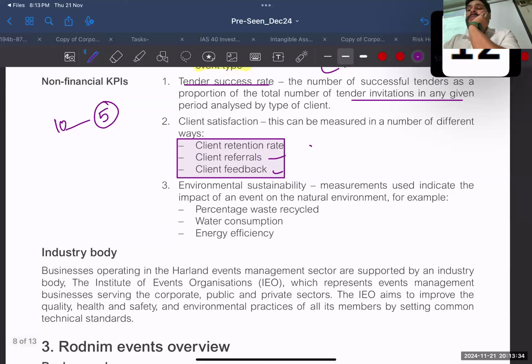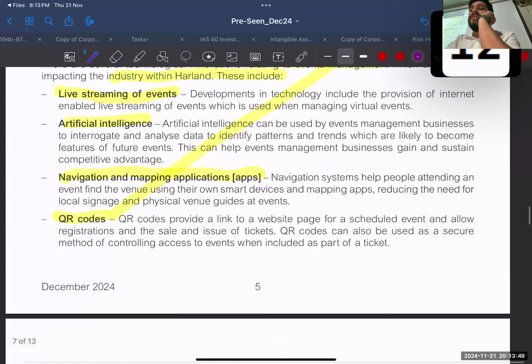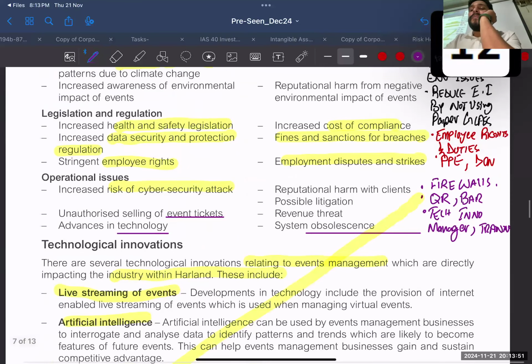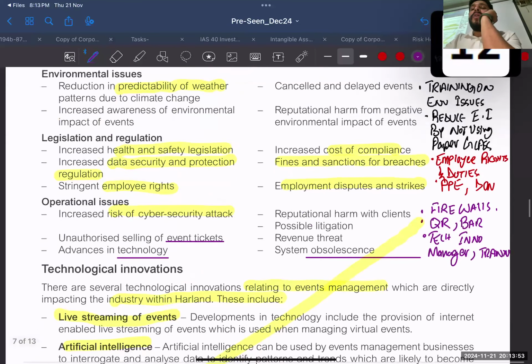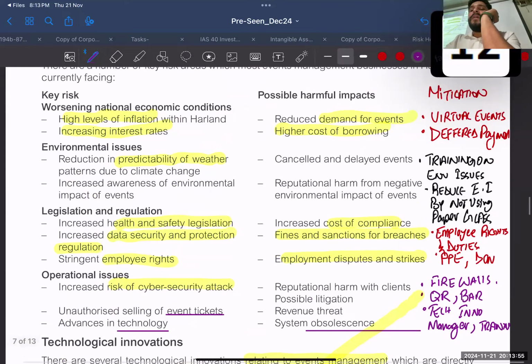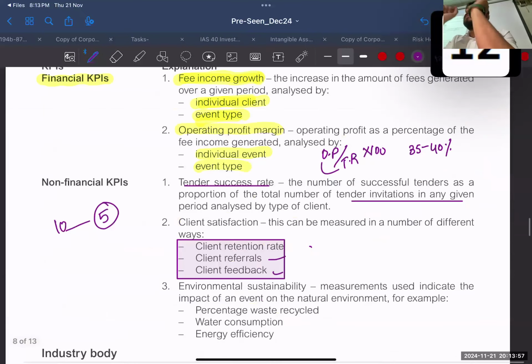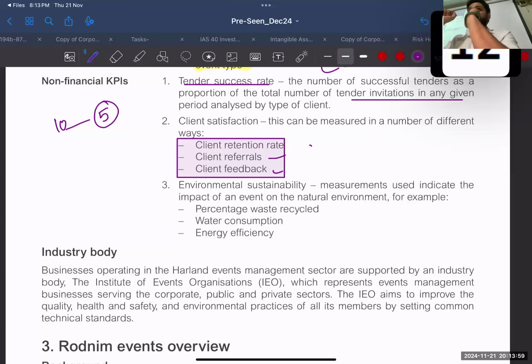Environmental sustainability. Measurements used indicate the impact of an event on the natural environment, for example, percentage waste recycled. You know it well, we have something given on the top that was relating to the impact of environmental issues. And over here, environmental sustainability is one of the key measures of making a company successful.